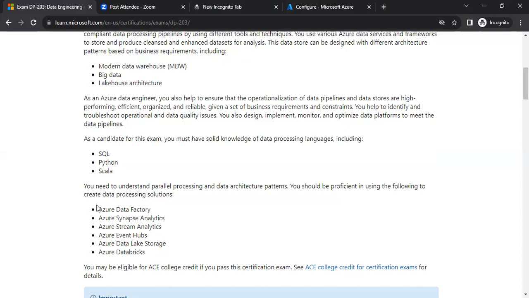The certification is just for your reference, for your understanding. The actual thing which is required in the market is the person who is playing with these services, implementing the solutions. If you just do the certifications and you are not capable of doing the implementation, that is not a good thing.